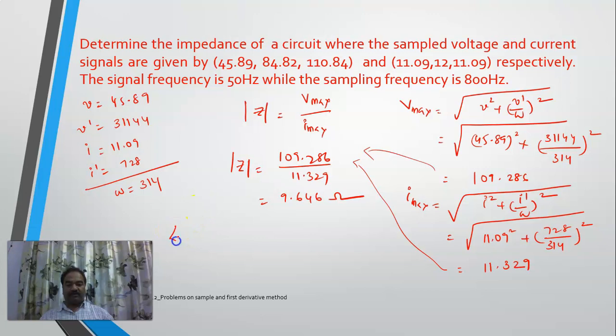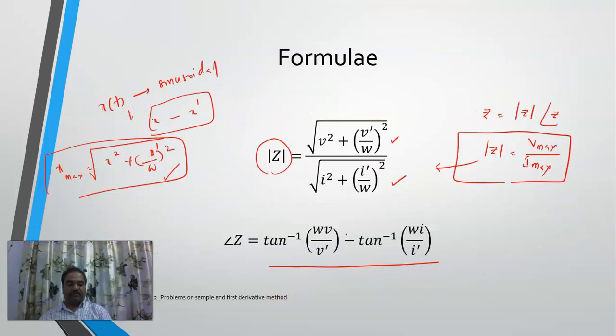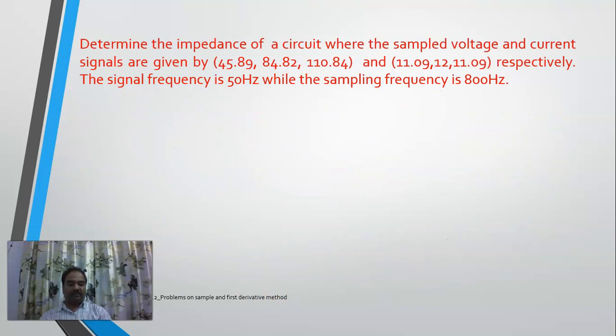Now if I want the angle of Z, it is tan inverse of omega v by v dash minus tan inverse of omega I by I dash, right? This is the formula which we have been discussing, the same formula which I have employed now.